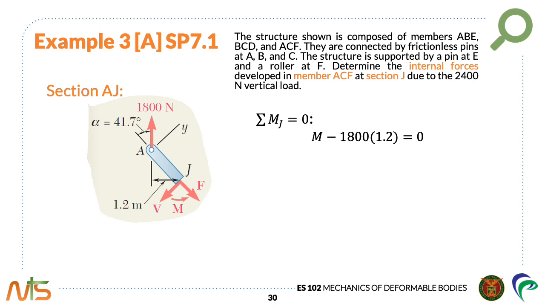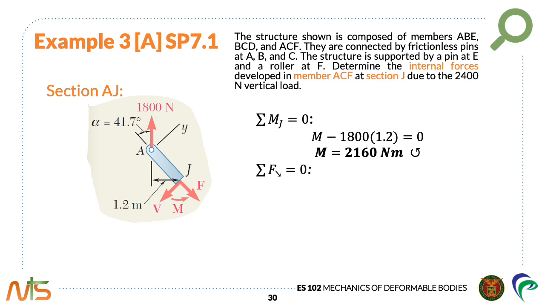And then we have the 1,800 Newton force multiplied by the perpendicular distance of 1.2 meters. The direction is clockwise, so therefore the sign is negative, and then equate it to 0. We therefore have the bending moment equivalent to 2,160 Newton meter. This is a positive scalar, so therefore the direction is retained.